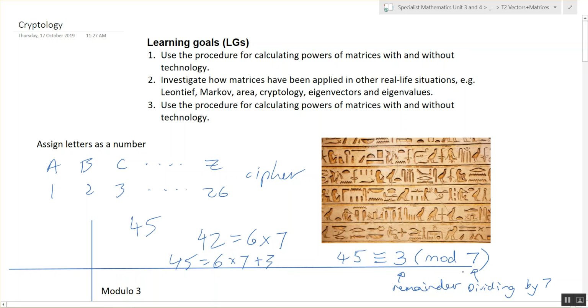Okay? What's the point? So say you assign a letter or a number or something to the number 45, right? But you want to make it into a code. That 45 in your code is actually a 3.